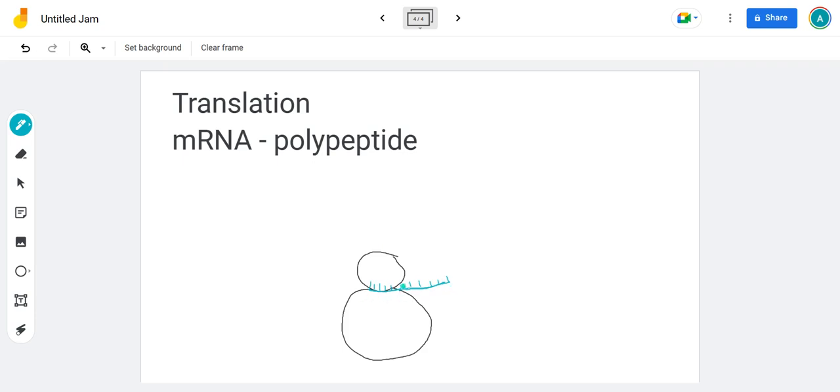So we've got exposed bases here, and the first three, just as one little detail to remember, are always AUG. I always think August, the month August, to help me remember that. Now, in the cytoplasm, we've got lots of these molecules which are called tRNAs. Now, tRNA stands for transfer RNA.